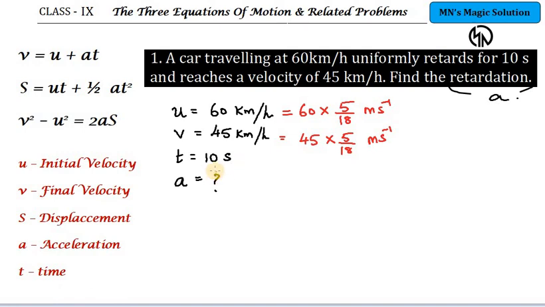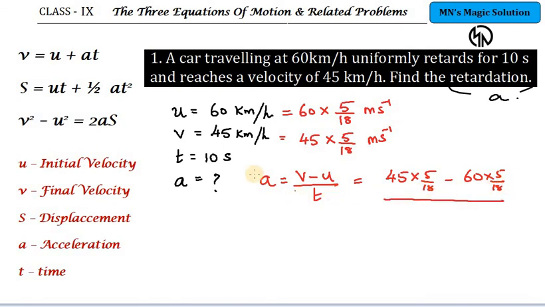In the formula applicable, we do not have displacement, therefore the applicable formula is v is equal to u plus at. Rearranging, as we already saw, a is equal to v minus u divided by t. So v is 45, therefore 45 into 5 by 18 minus u, which is 60 into 5 by 18, in meter per second, whole divided by time taken, which is 10 seconds.